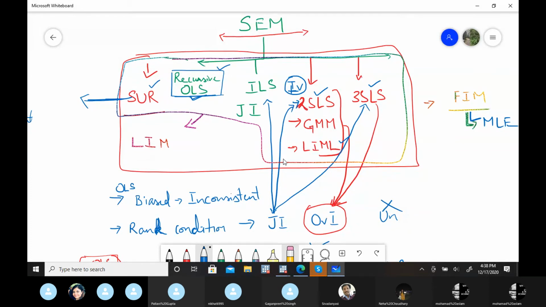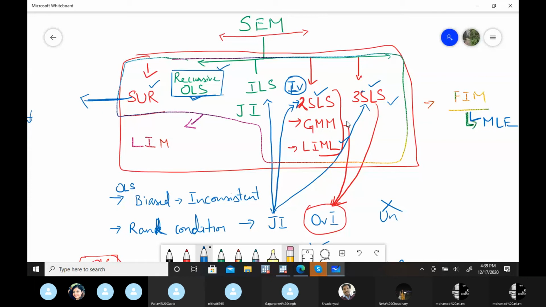These are all instrumental variable models for the same technique. Just the estimation method will differ. More or less, results are similar, but it's not that every time it will give the same results. In 3SLS, the efficiency will increase, consistency will increase. That's the benefit of the 3SLS method.